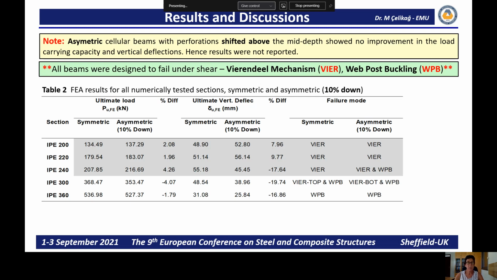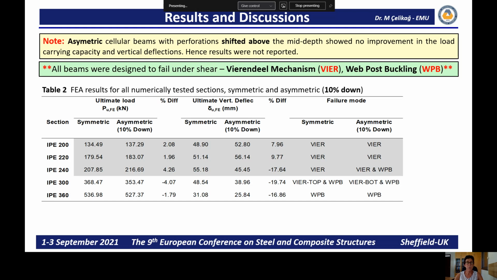As an example, we can look at table 2, example of results. First of all, we should note that the asymmetric cellular beams with perforations shifted above the mid-depth show no improvement in the load carrying capacity and the vertical deflections. Hence, the results were not reported.